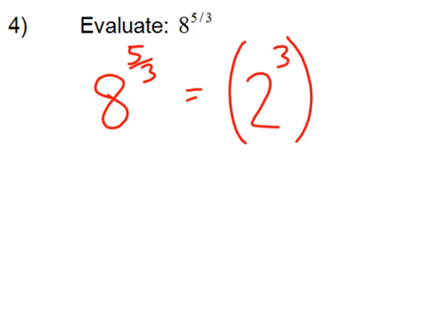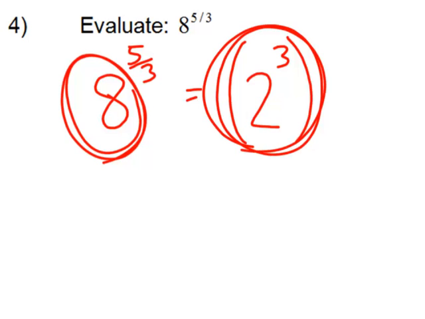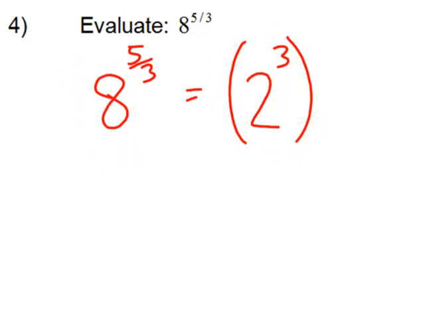As I said at the beginning of this video, there are multiple ways one may go about this, but I'm going to start by rewriting this 8 right here as 2 to the 3rd power, and of course include that 5/3 exponent on the outside. If I know my exponential properties well, I know that in this structure I multiply this exponent times this exponent.